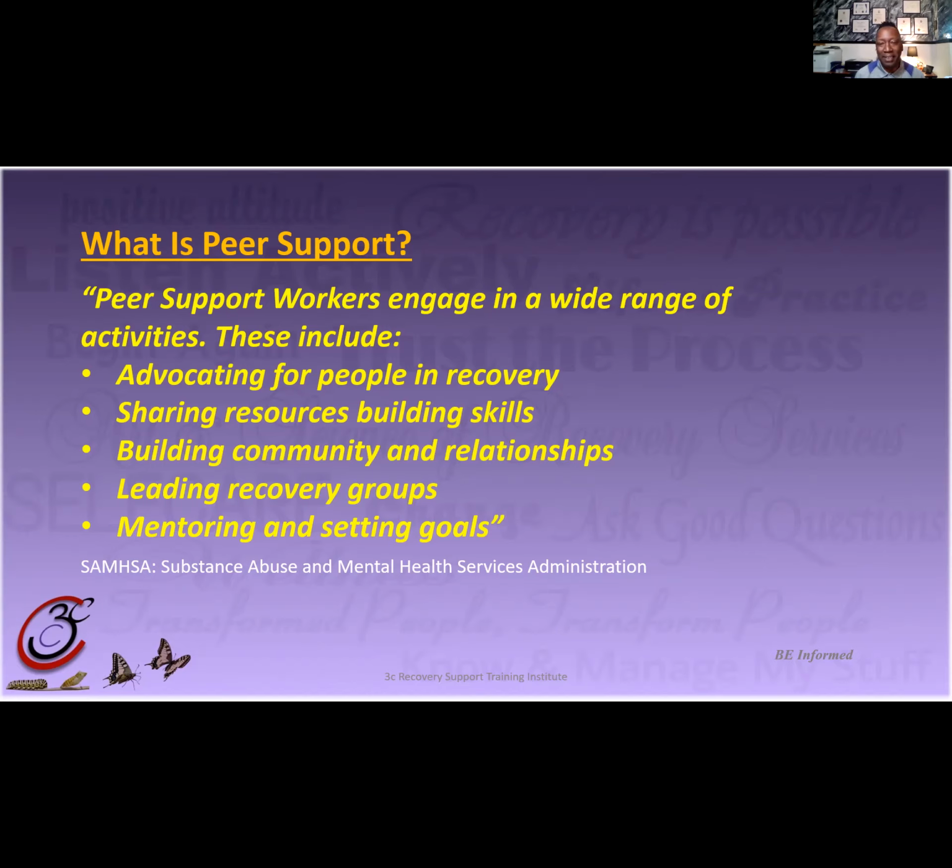We want to build community and relationships. So as a peer support specialist, we're building relationships both with the individuals that we're serving and sometimes with those resources that we're getting, just general community organizations. So we become that gap for a lot of individuals, again, in their recovery process.